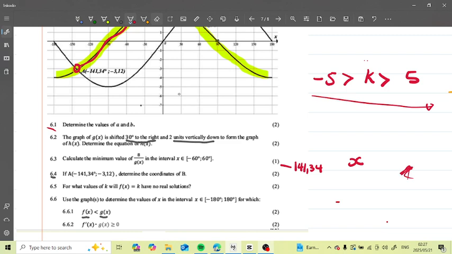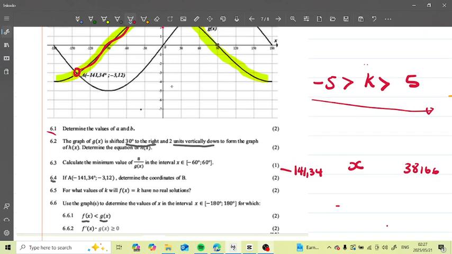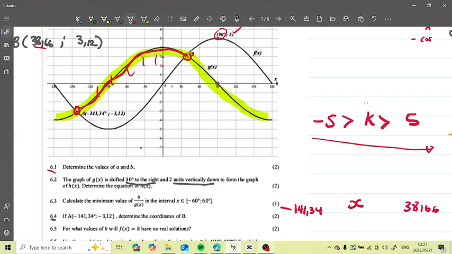So let me just erase here. 38.66. Now, to represent this middle part, this part whereby our g of x graph is above our f of x, our x values should be greater than negative 141.34, and my x value should be less than 38.66.